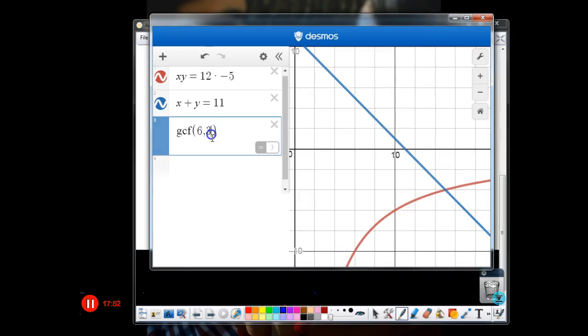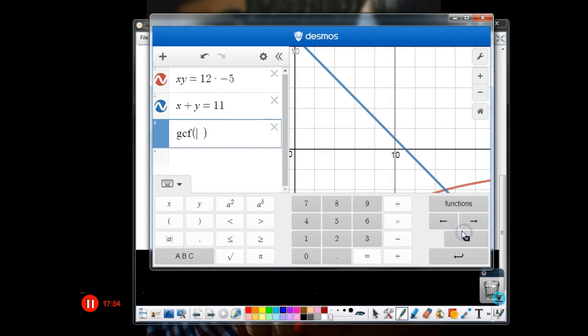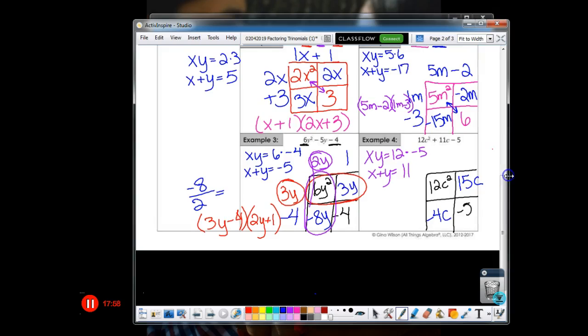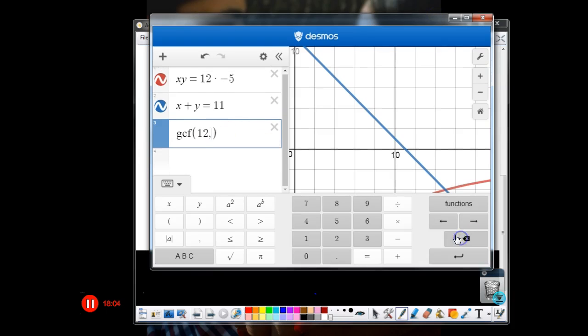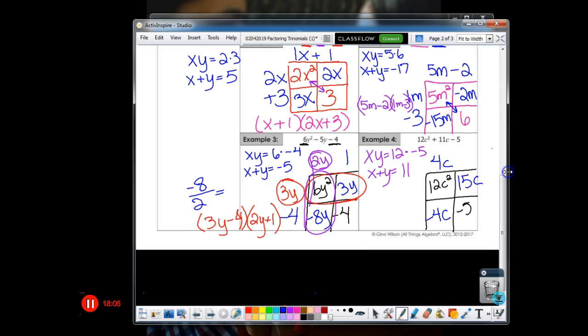So GCF of 12 and 4 is 4. So this is 4c up here. And then 12 and 15 is 3. And so we have to make sure 4 times 3 is 12. So that means this is good, right? 4 times 3 is 12. And c times c is c squared. So this is good right here.